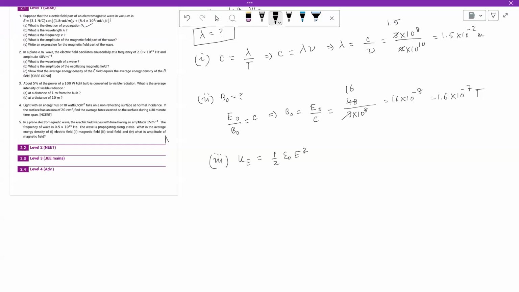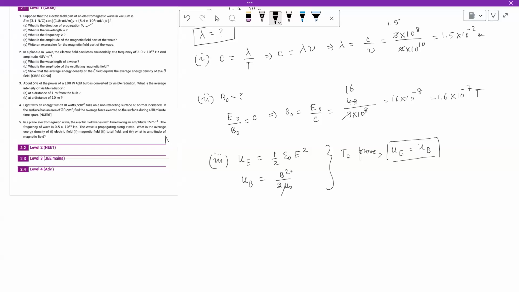And the average energy density of the magnetic field is B square by 2 mu naught, right? These are the two things. So now we have to prove that UE equals UB. This is the thing that we have to prove, right?